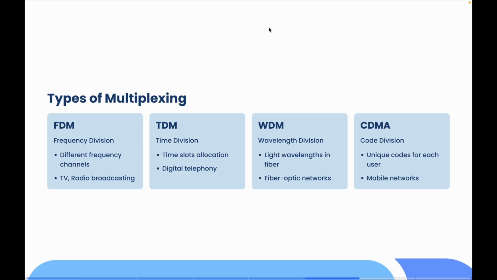WDM, wavelength division multiplexing: light wavelengths in fiber, and it is used in fiber optic networks. CDMA, code division multiple access: a unique code for each user, and it is used in mobile networks.